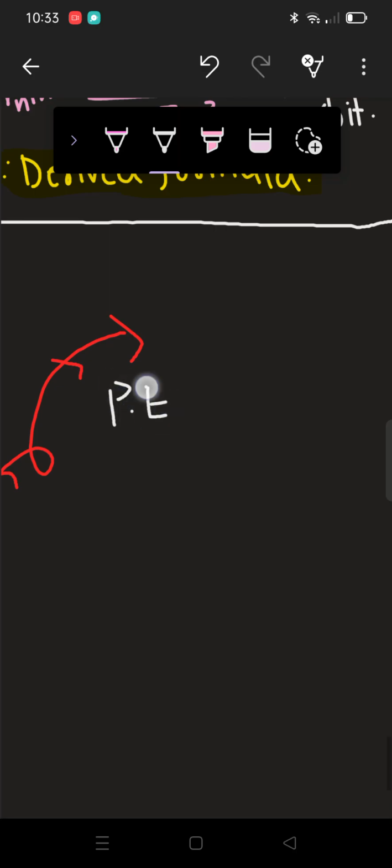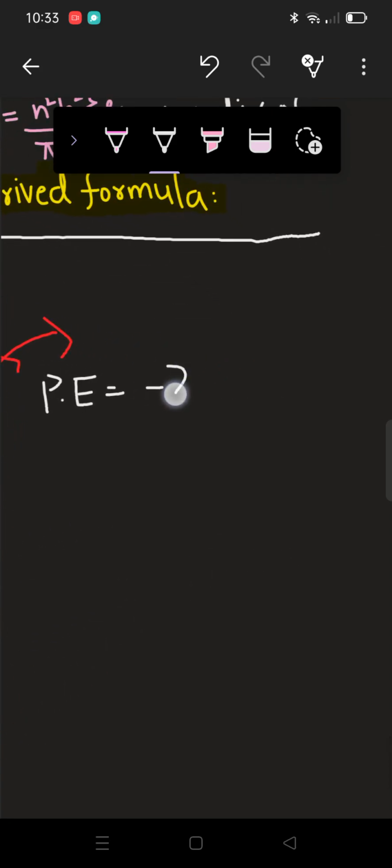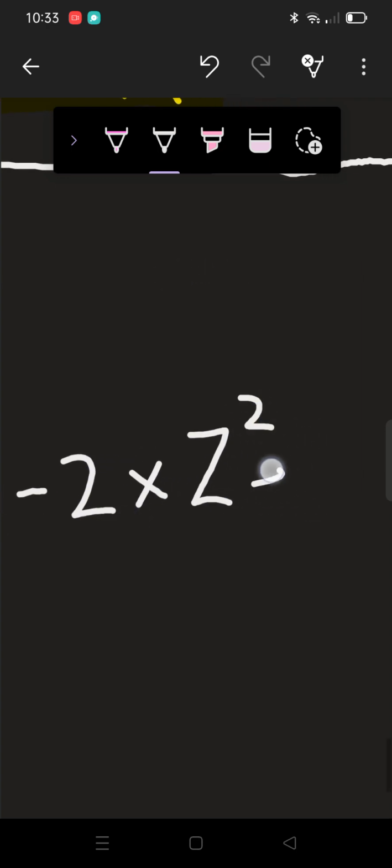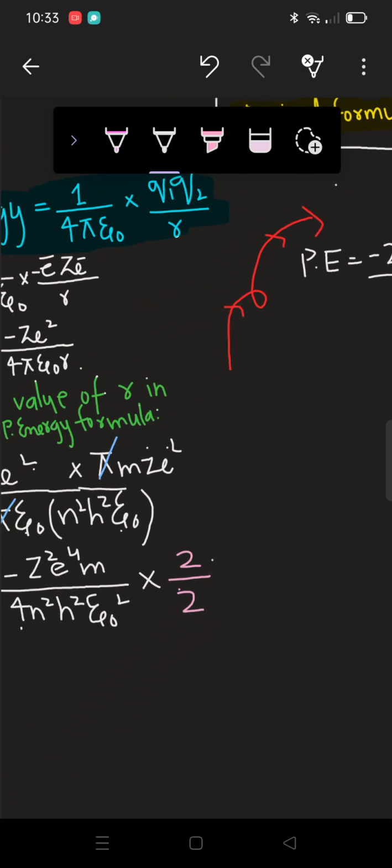potential energy is equal to, let's shift this minus sign to this 2, so minus 2 into z square e power 4 m upon, now see, 2 into 4 is 8, epsilon naught square h square n square.